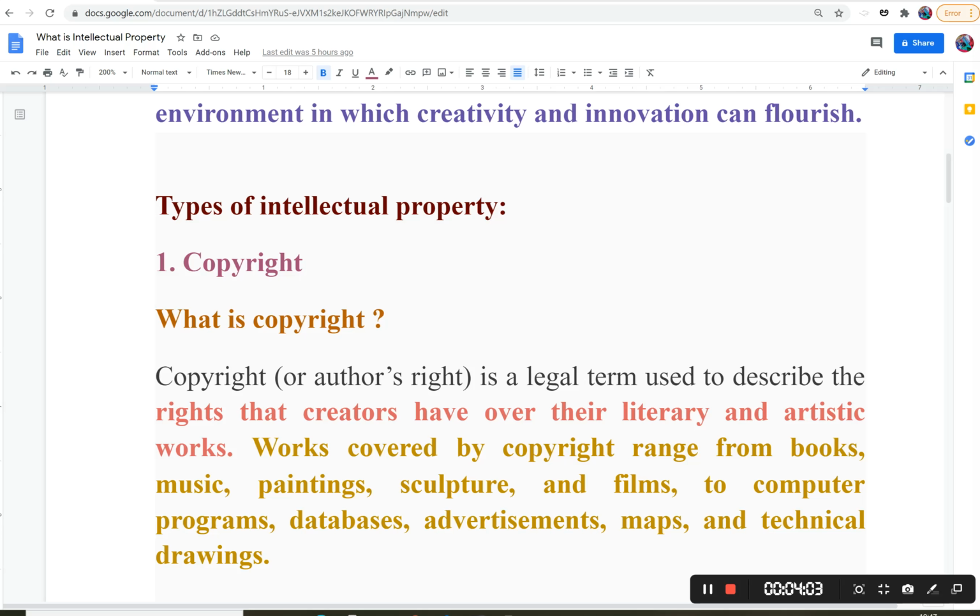These works can take any form: a book, music, painting, sculpture, film, computer program, database, advertisement, map, and technical drawings. So the rights which creators have over literary and artistic works are known as copyrights.